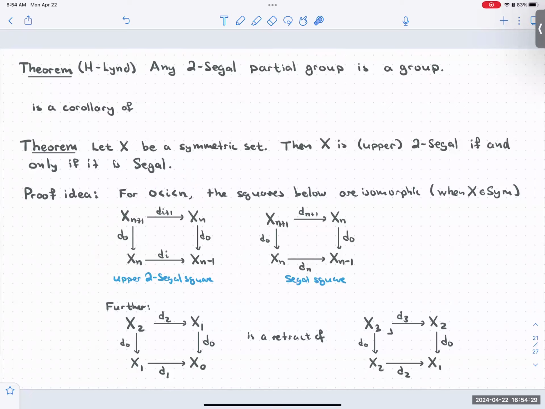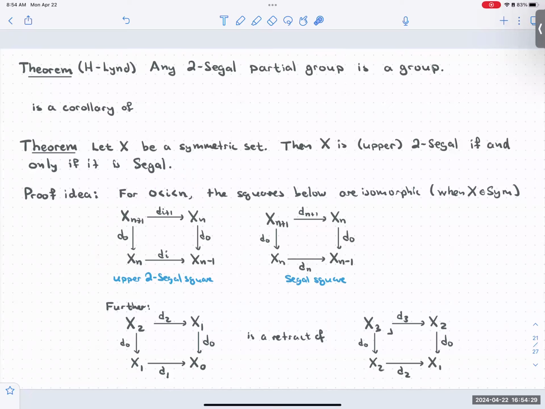And actually, these two squares become isomorphic because in the bracket n+1, I can permute the elements i+1 and n+1 and move things around a little bit. And that's it. So one of them is going to be a pullback if and only if the other one is.